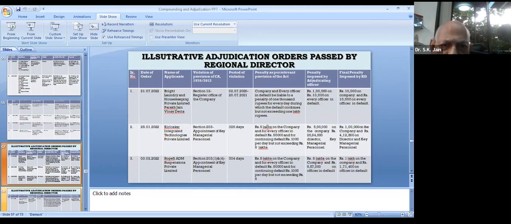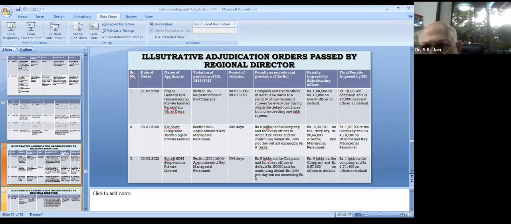Now, Section 12, where the registered office is not maintained, period of violation is omitted. Company and every officer in default, 1,000 rupees every day during which default continues, not exceeding 1 lakh. Penalty imposed by the adjudicating officer was 1 lakh on the company, and rupees 10,000 on every officer in default.